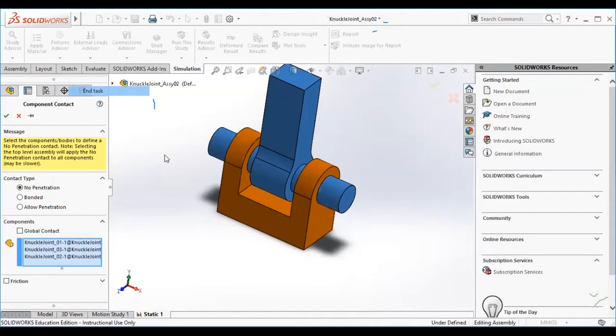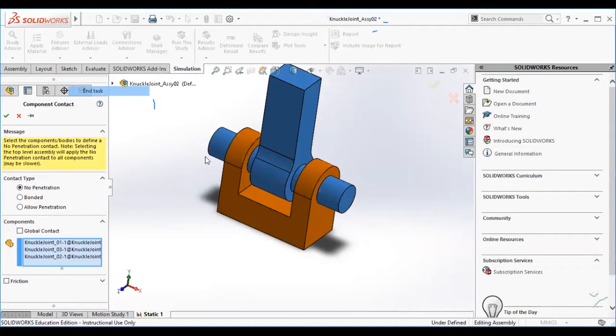So there are 3 contact surfaces right now: between this end and the pin, between this rod and the pin, and between this end and the pin itself. There are 3 contact points, as you can see it has automatically detected. What we are going to do is use a no penetration type. No penetration basically means no parts are going to penetrate into each other.